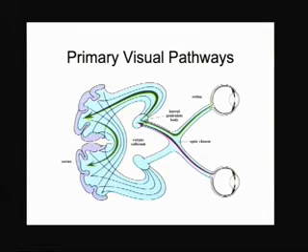So this is the primary visual pathways back from the retina to the striate or visual cortex, and as you can see, the left side of the brain gets information from both the left and the right eye. It's the left side of each of those two eyes, but nevertheless, it's getting information from both.